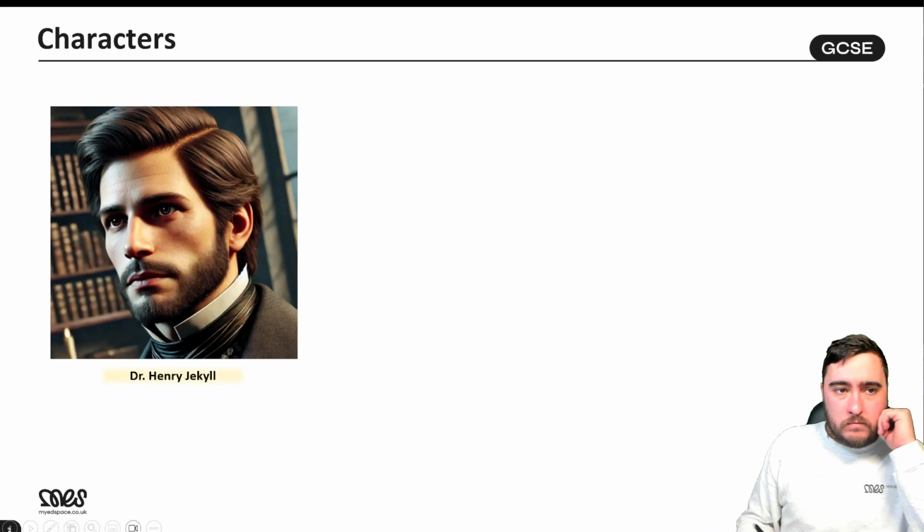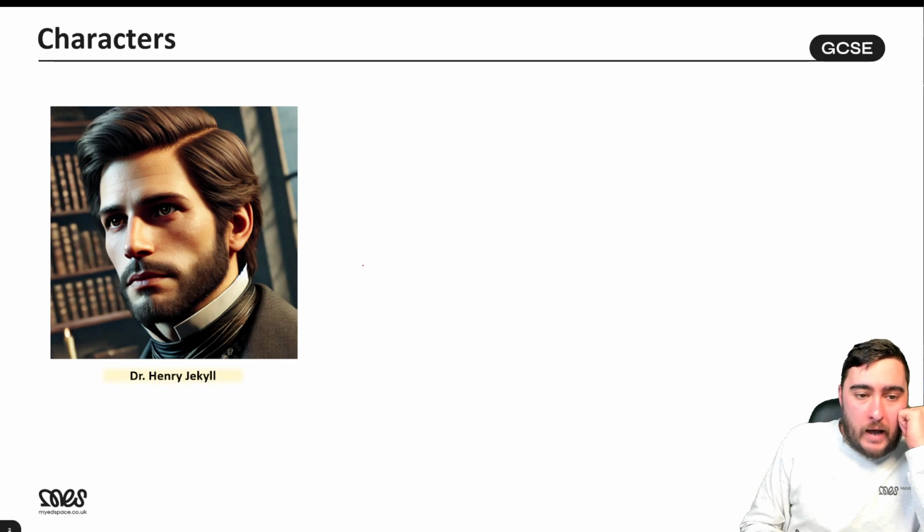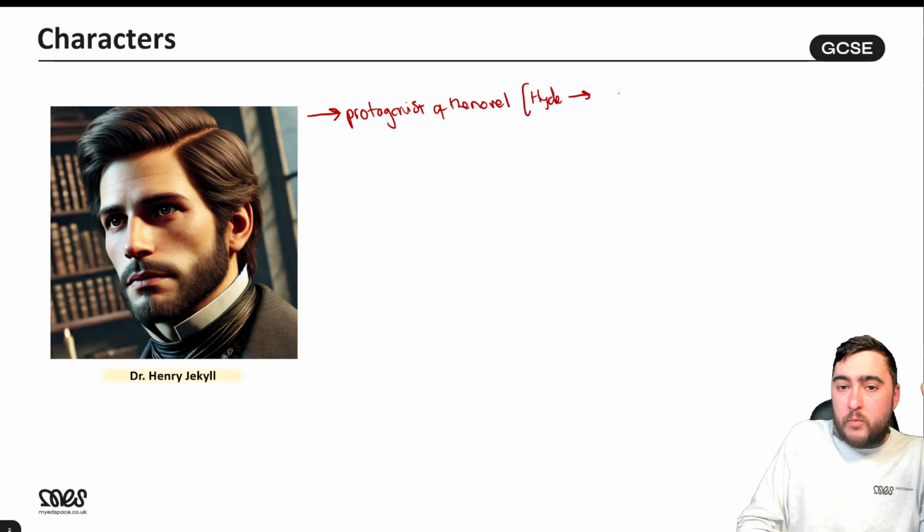Okay, so obviously the first person I'm going to speak about is Dr. Henry Jekyll. He is, I guess, the protagonist of the novel, alongside Hyde, but of course, we know they are ostensibly the same person.